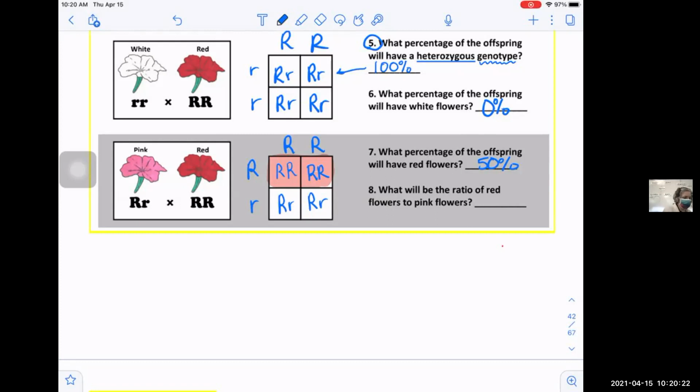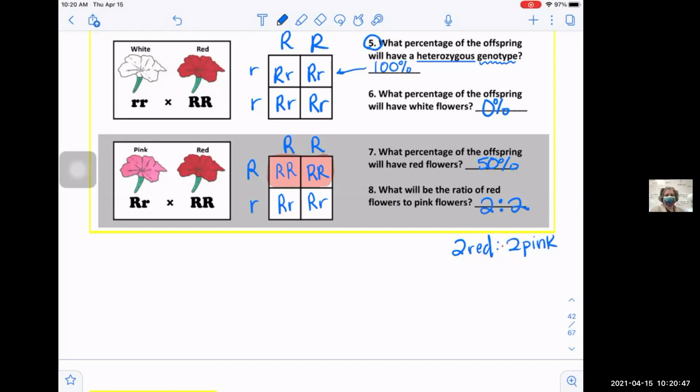Yes, 2 to 2. Awesome. So there's 2 red to 2 pink. So that's how you do ratios. I know we've been learning the order and everything, but this question was asking just for how many red to how many pink.